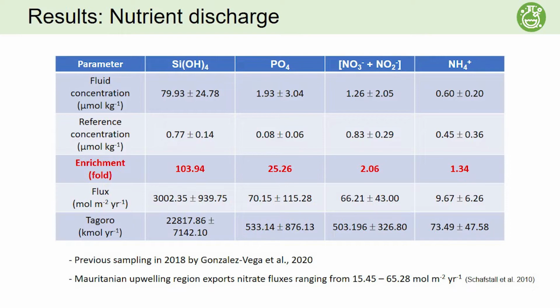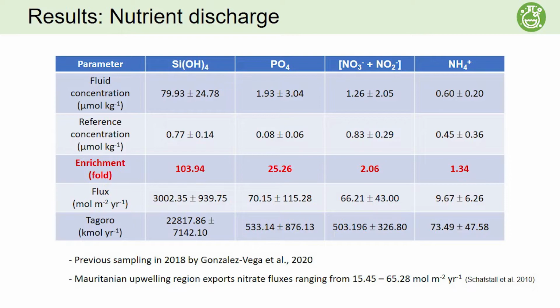And here we can see the enrichment for the silicates. We can say that Tagoro is emitting 100 times the concentration that we can find in the ambient seawater, and the same for the phosphate, 25 times, nitrates and ammonium.